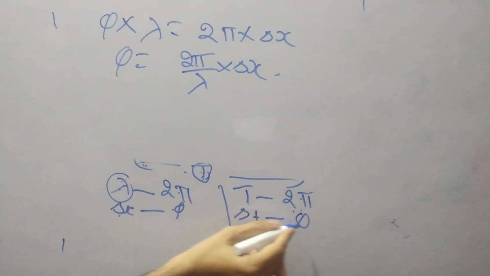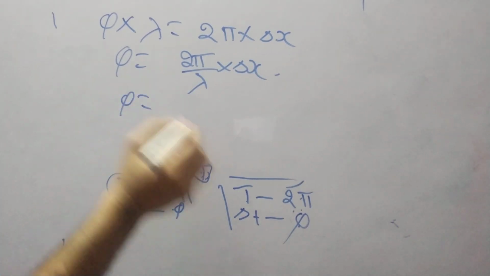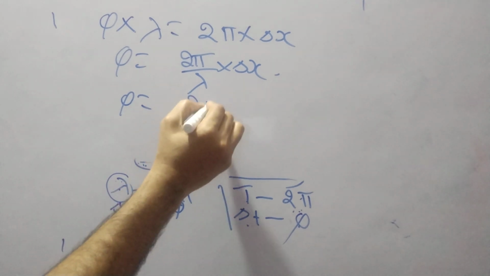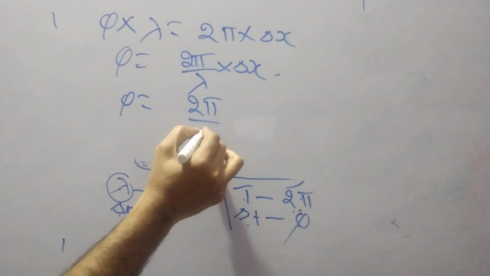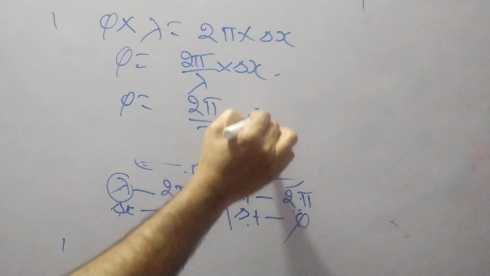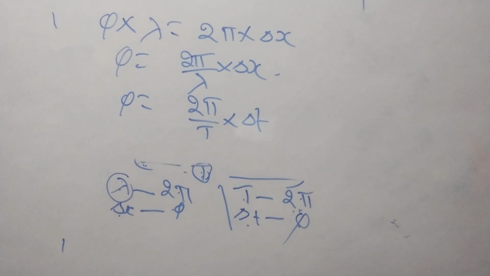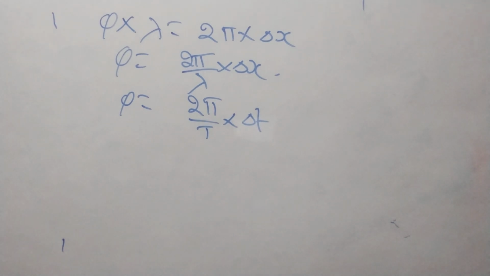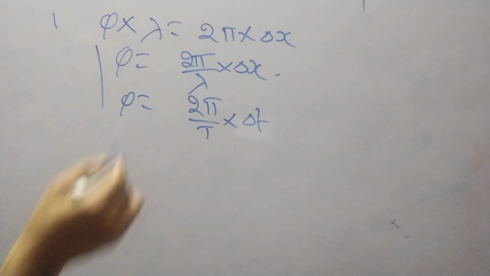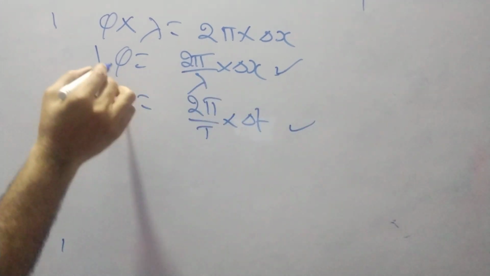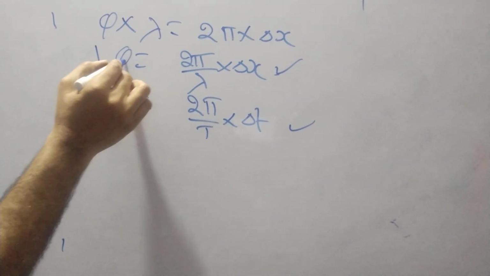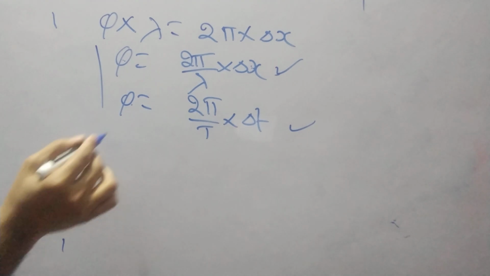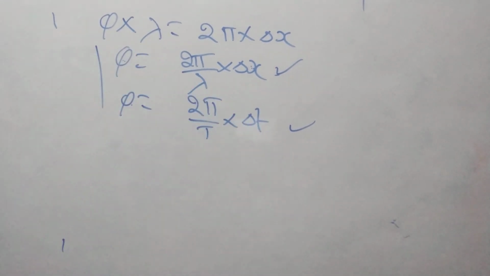If you write the same thing, the phase difference here is 2 pi by T into delta t. These formulas I already explained in the previous videos, and again I wrote them here. These are known as standard phase difference formulas: phase difference with respect to path difference, and phase difference with respect to time difference.